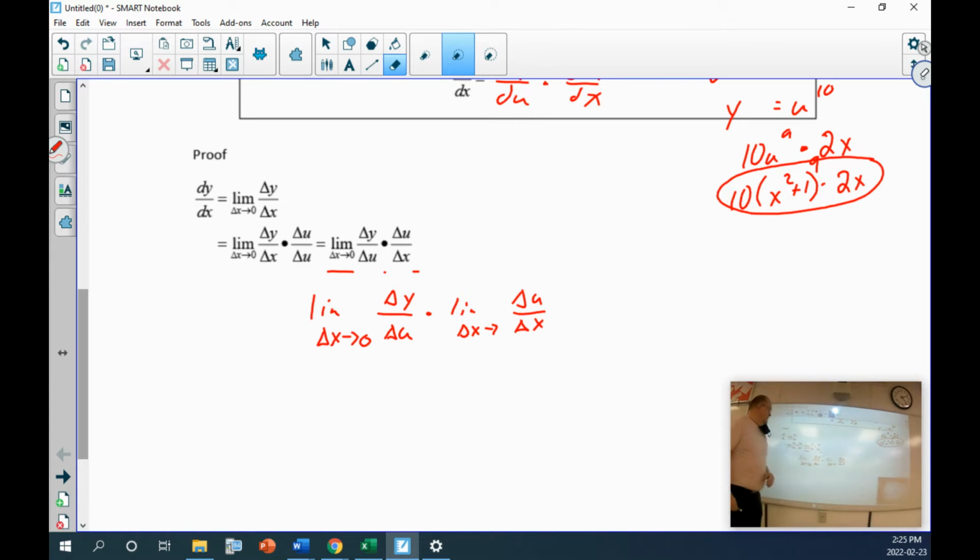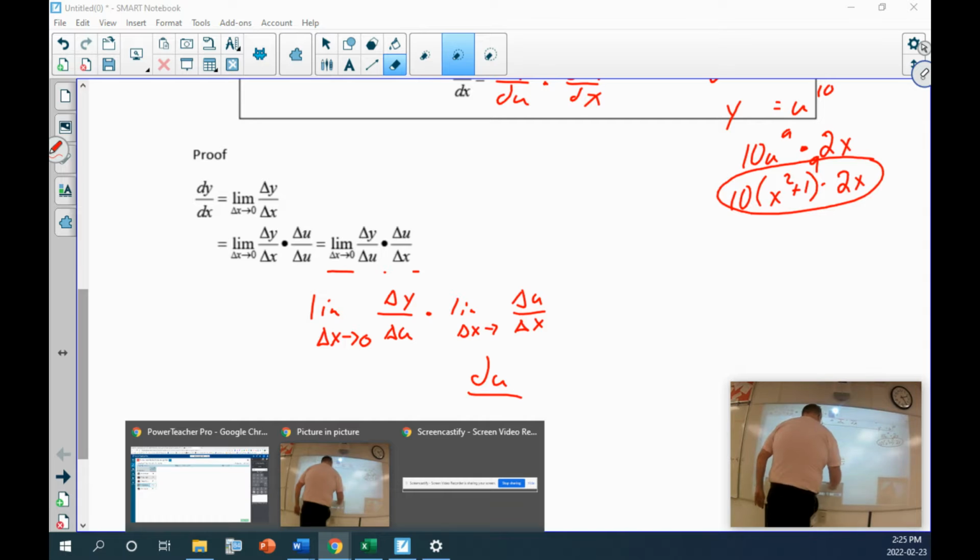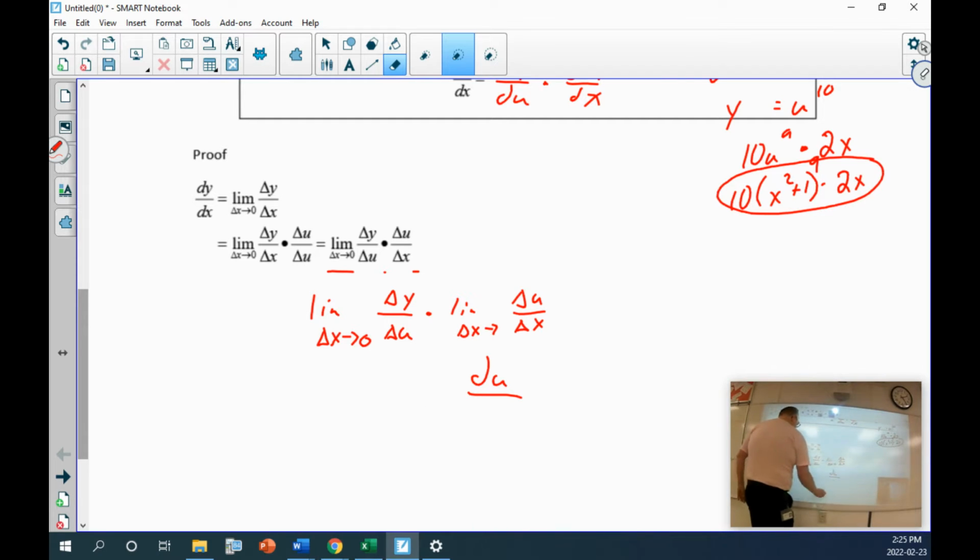Now, a little bit of trickery here. This is our definition of our derivative, right? This would be du dx. As delta x approaches 0, delta u over delta x goes back to the definition that we have up here. But we have this delta x here. There's no x's in this case, right?